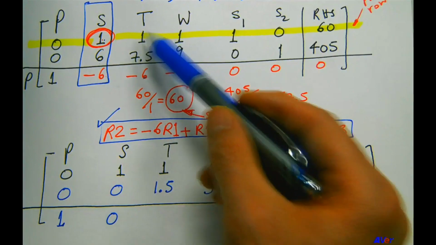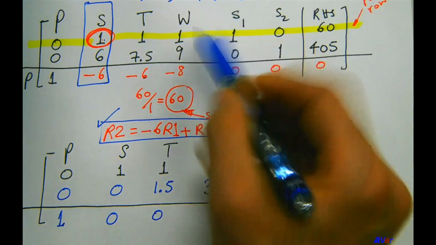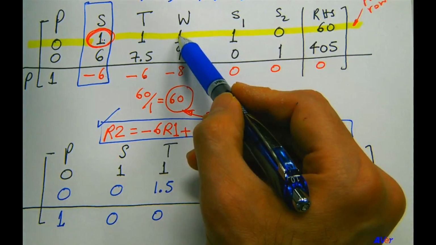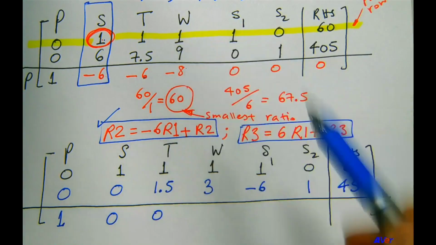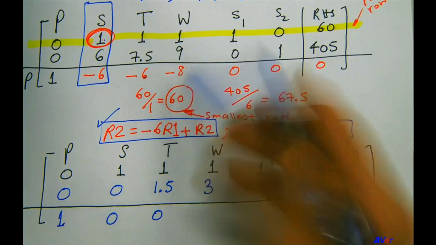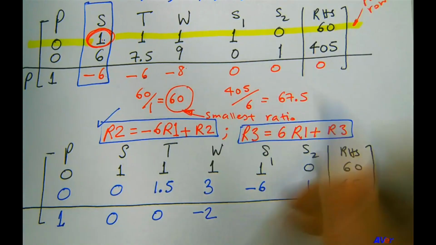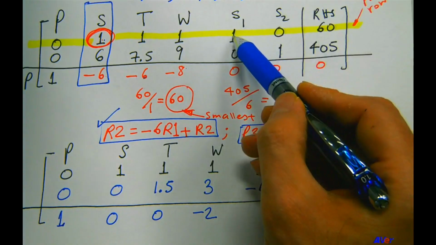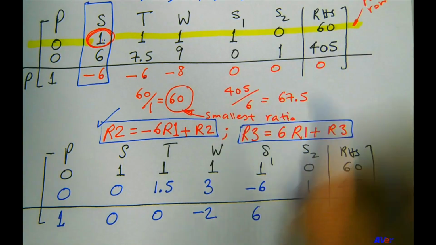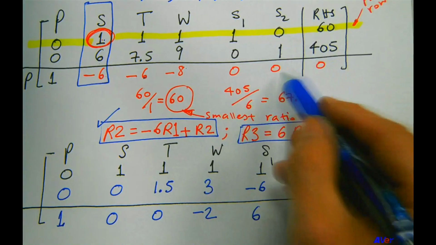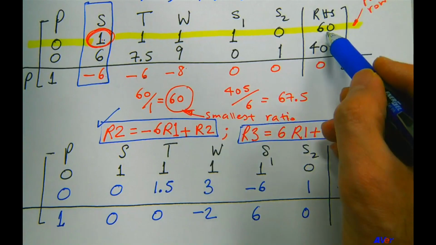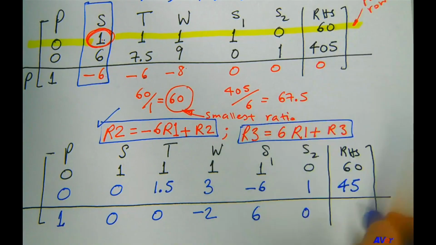So again 0, yes, correct, 0. 6 times 1 is 6, plus -8, that's -2. 6 times 1 is 6, plus 0 is 6. 6 times 0 is 0, plus 0 is 0. 6 times 60 is 360. 360 plus 0 is 360.